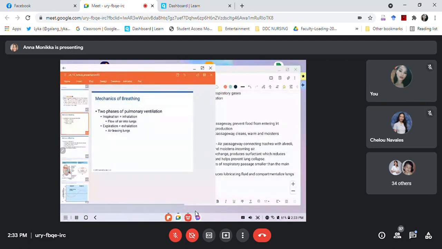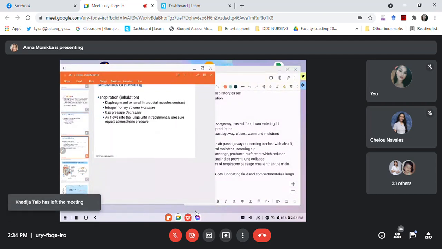You have your inspiration or inhalation, which is the flow of air into the lungs, while expiration or exhalation is the air leaving your lungs. During inspiration, the diaphragm and your external intercostal muscles contract. So there is an intrapulmonary volume increase, and there will be a decrease in gas pressure. Then air flows into the lungs until pulmonary pressure equals atmospheric pressure.